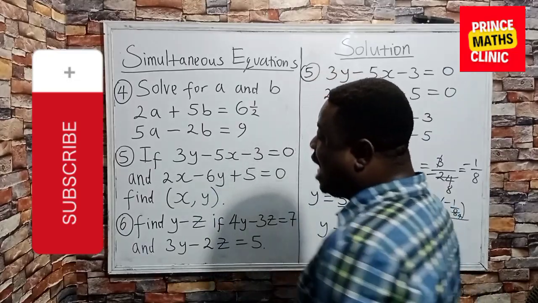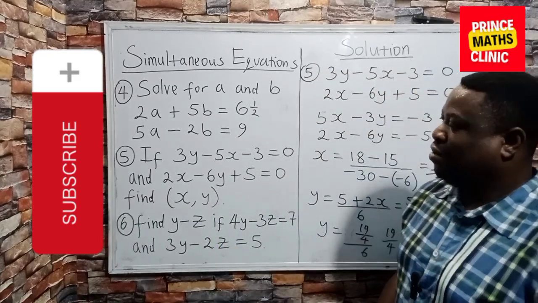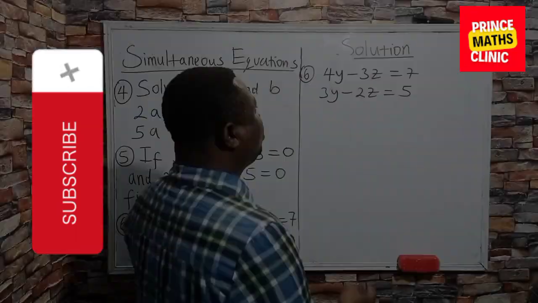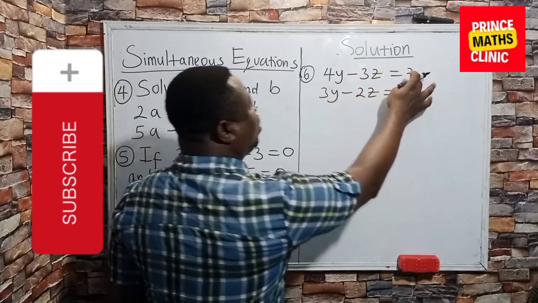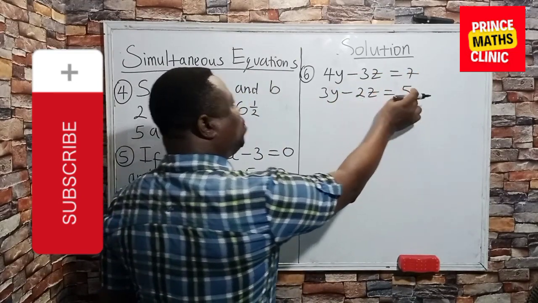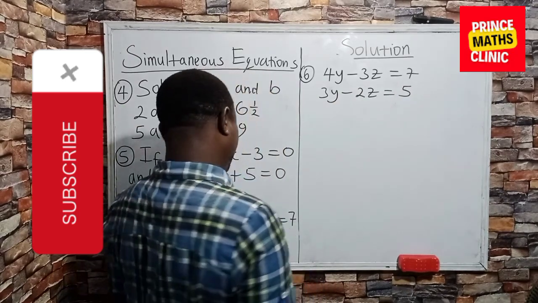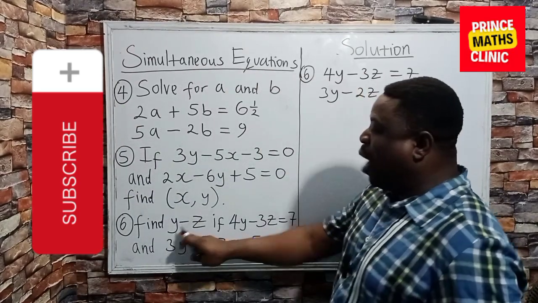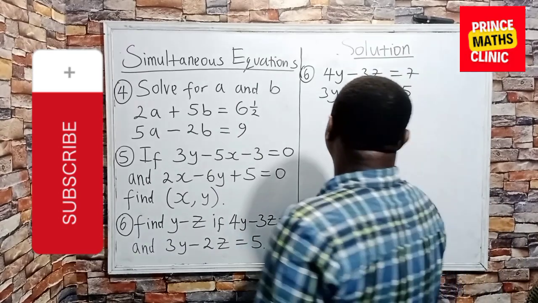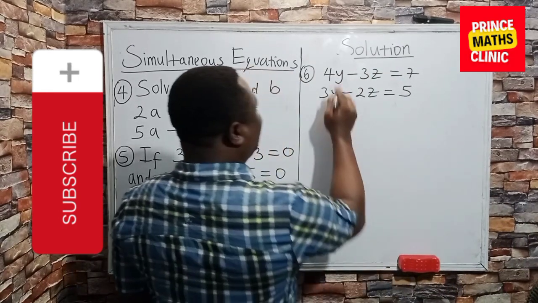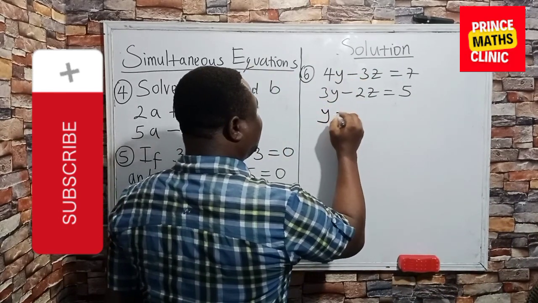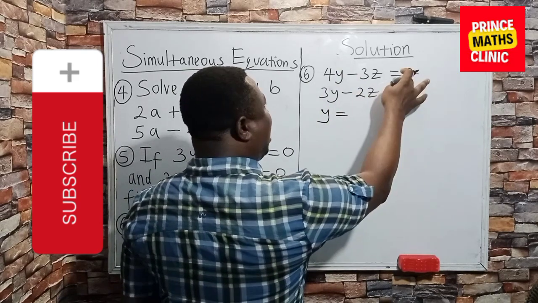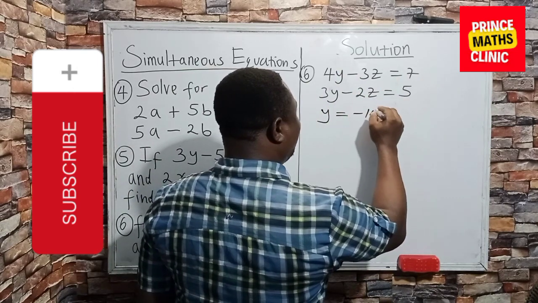So let's look at the last question for this class. The question is 4y minus 3z equals 7 and 3y minus 2z equals 5. Now we have to find the value for y minus z. So going from this to obtain our y, just do minus 2 times 7 gives you negative 14.